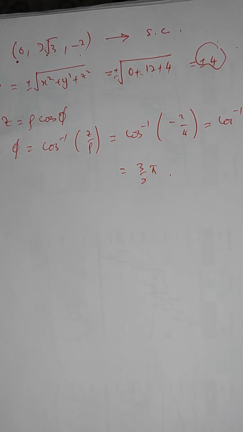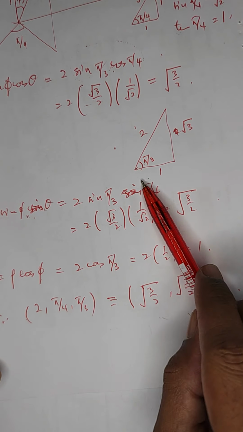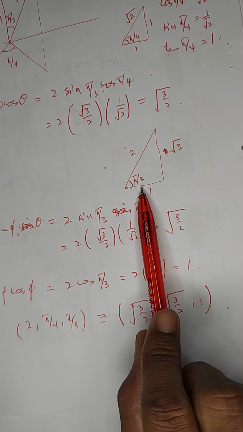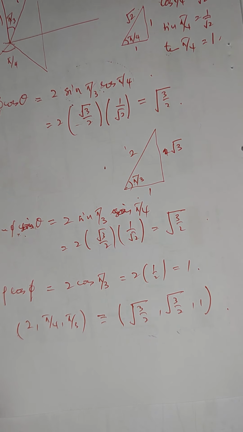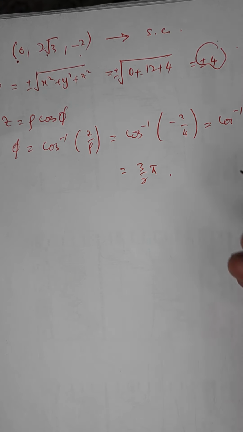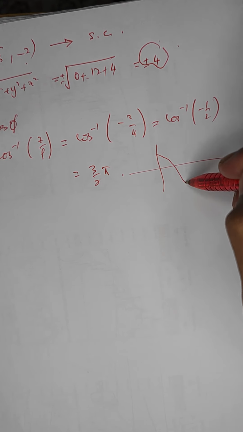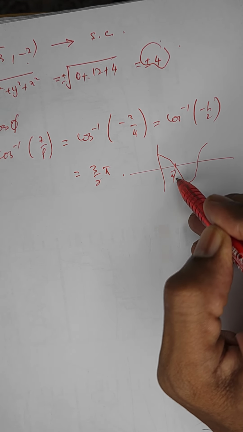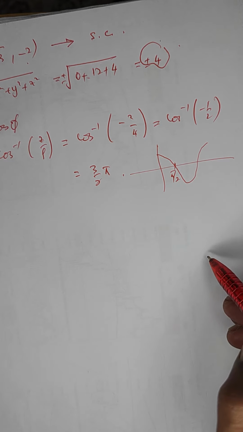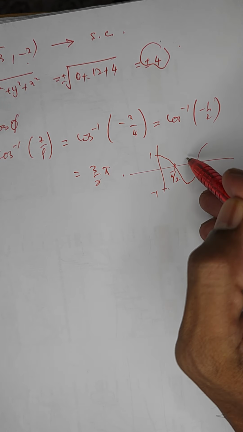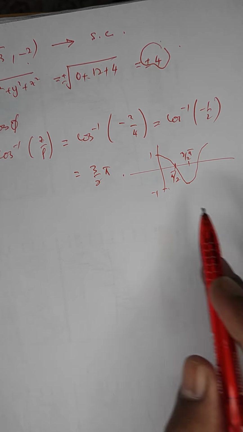so that gives you, this is 3 over 2 pi. Yeah, from here, cos half, where is cos half? Here we have pi over 3, but we have negative, so it goes to another quadrant.